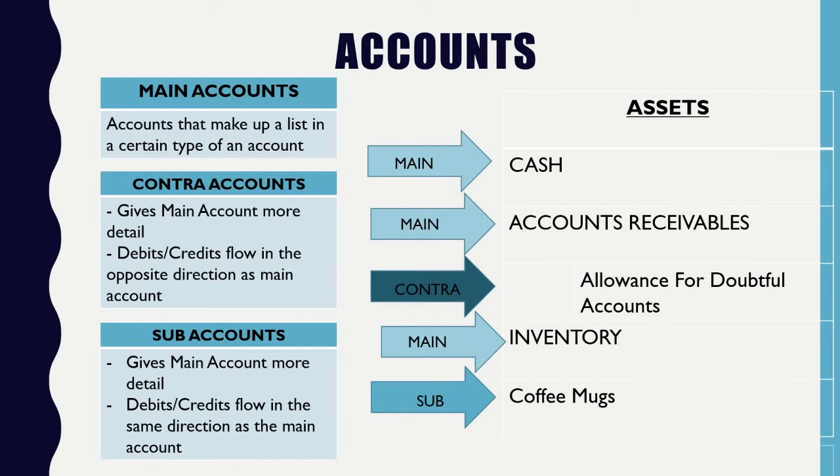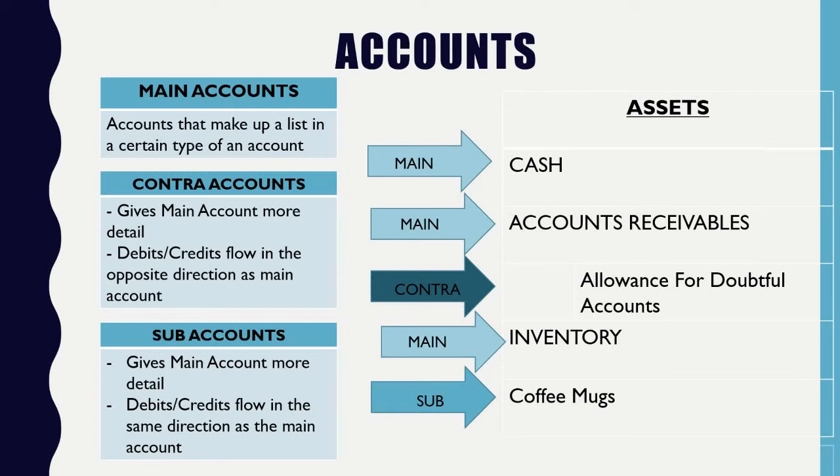Okay? So that is pretty much the difference between the types of accounts that we will learn throughout this course. And I want you guys to know that when we go through each chapter, I will discuss what these accounts do and what they really are.